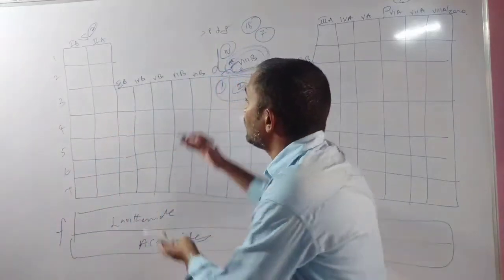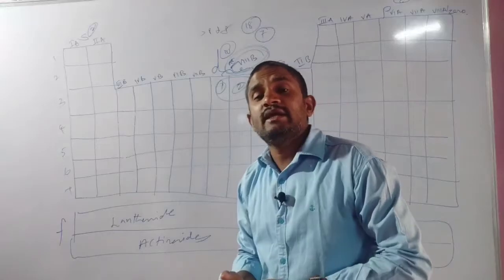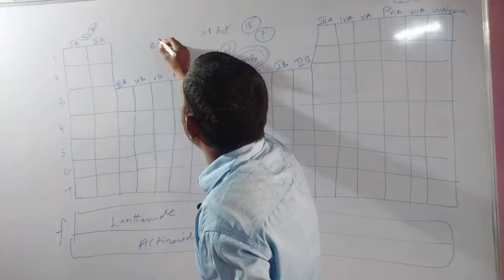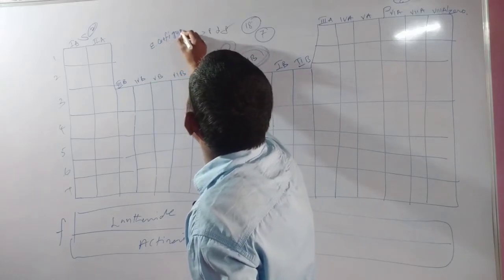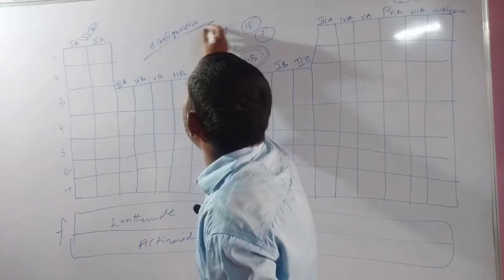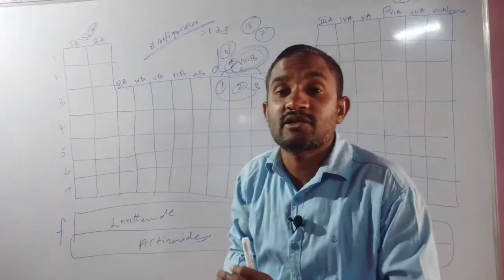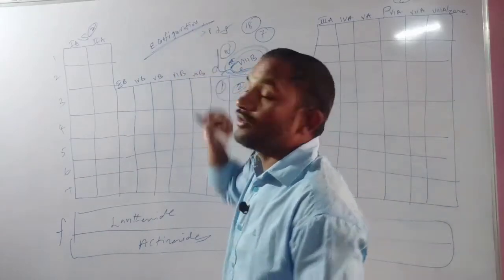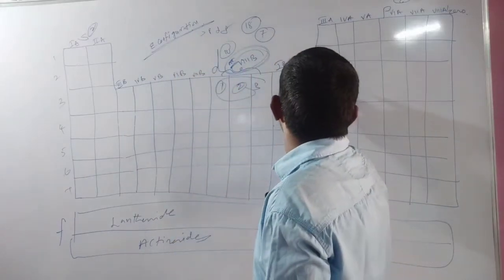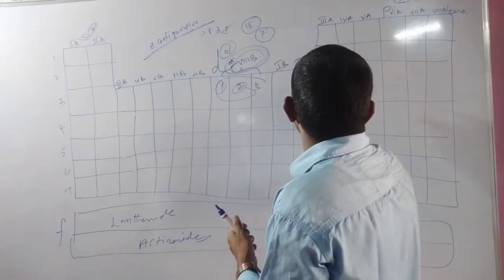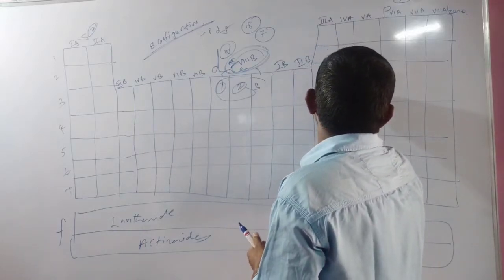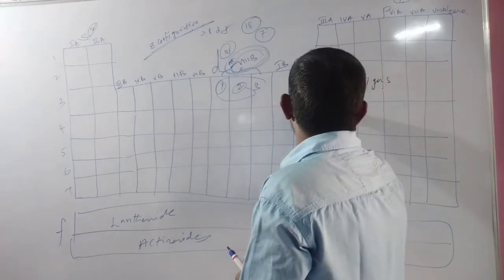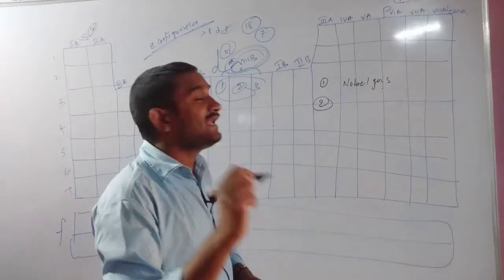Yes, this is one way of the classification. Again, there is another way of classification, on the basis of the electronic configuration. On the basis of the electronic configuration, elements are classified into 4 categories. On the basis of which configuration? Electronic configuration. First, noble gases.